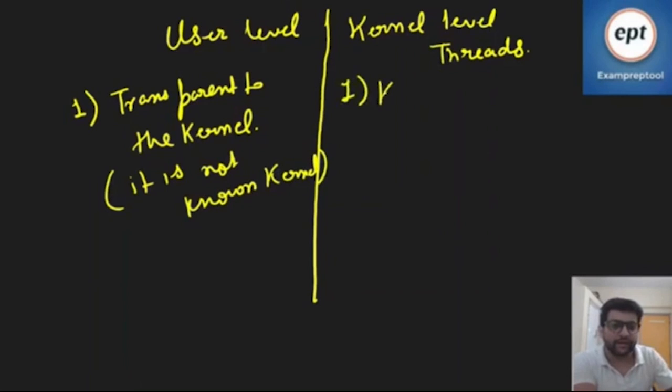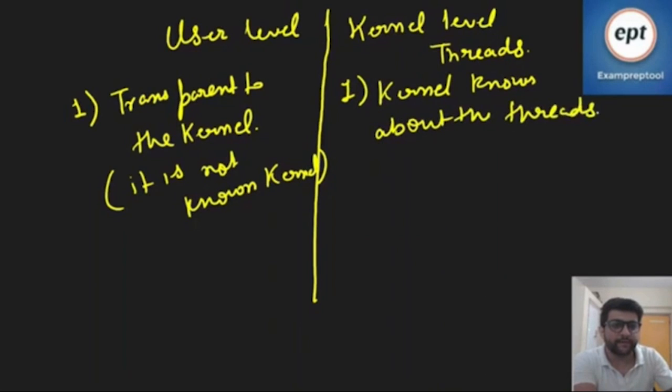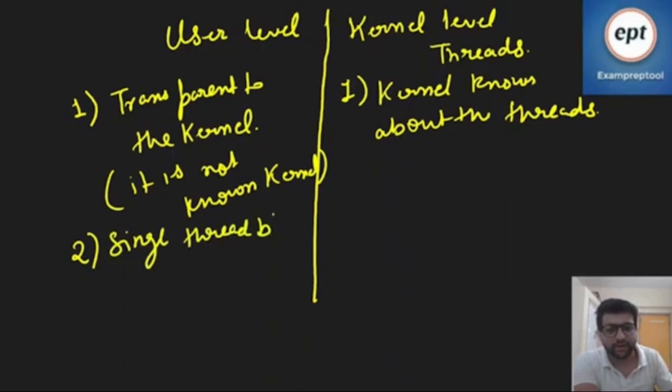And here the kernel knows about the threads. So since the kernel is not aware of user level threads, if we try to block a single thread, it will block all other threads, right? A single thread block can block all other threads.